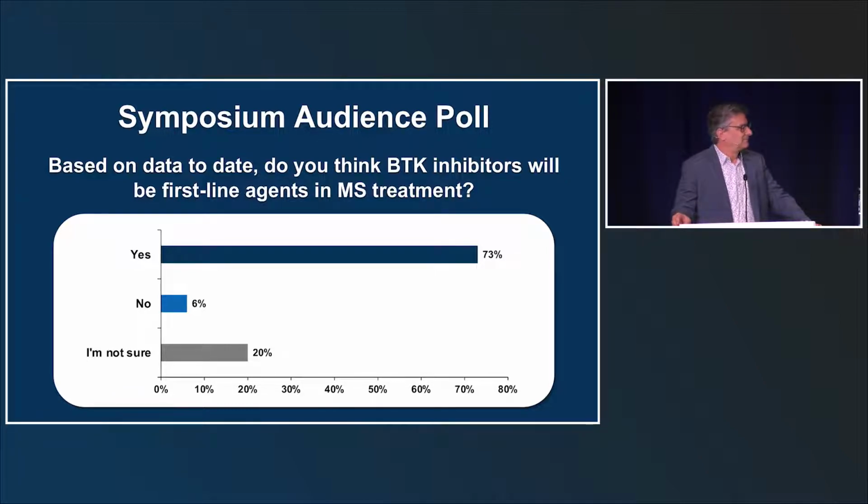One is if the efficacy and the safety hold up, why wouldn't you? But the second is, as a field, we're moving to this discussion of highly efficacious therapy early in the course of the disease, and we can have separate conversations of escalation versus induction and all those things. I think there's a real push for us to use whatever tools we have to put people into remission.